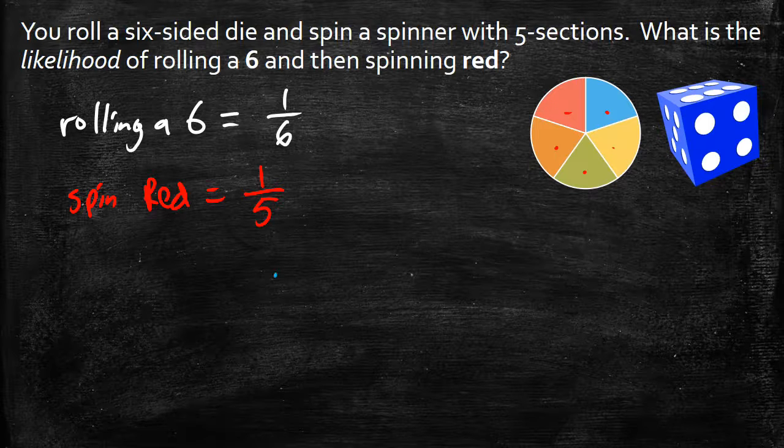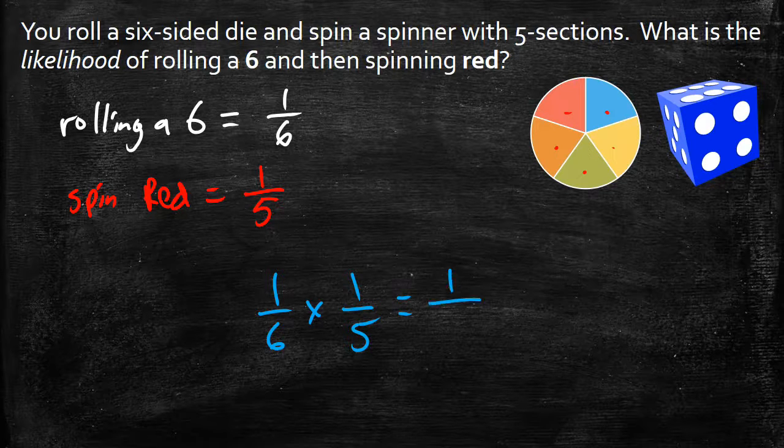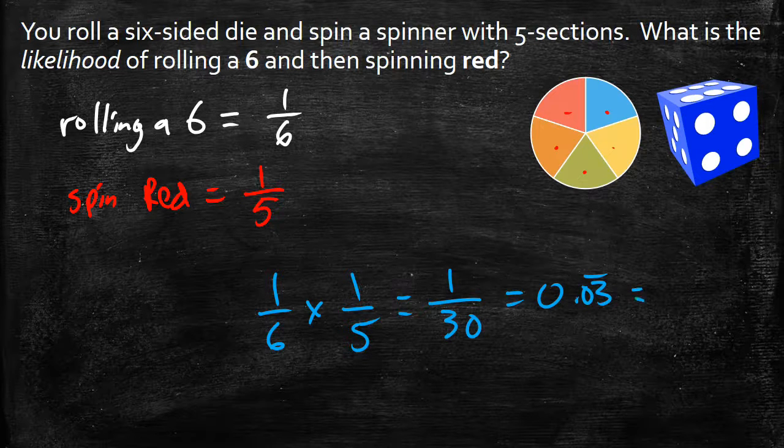So the probability of rolling a 6, which is 1/6, times the probability of spinning a red, which is 1/5. 1 times 1 is 1 over 6 times 5, which is 30. So my probability here is 1 out of 30, or we can write that as 0.03 repeating, or 3.3 repeating %.